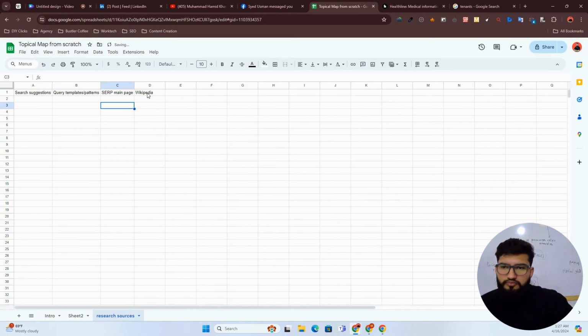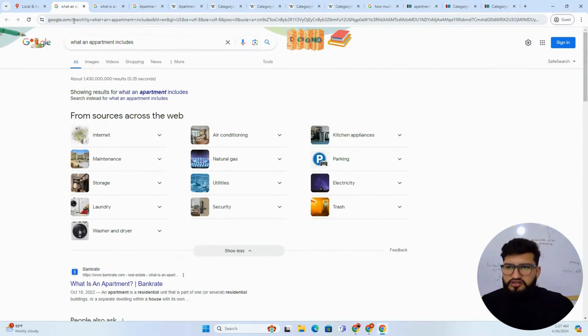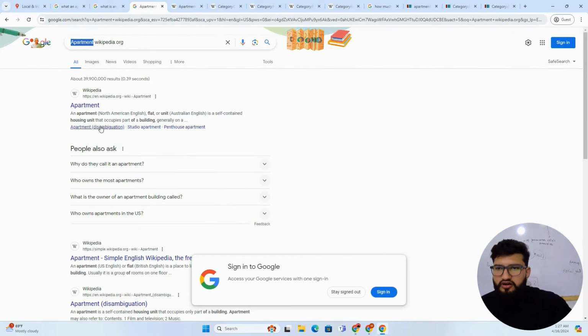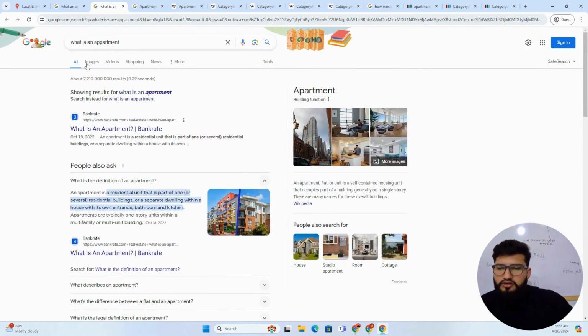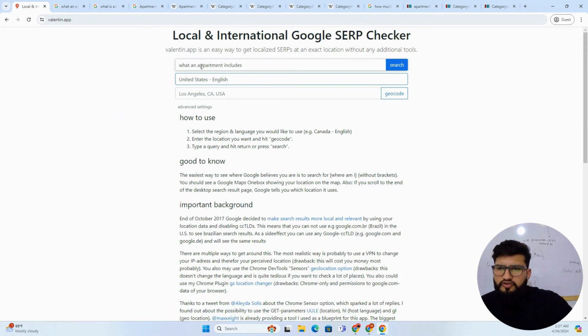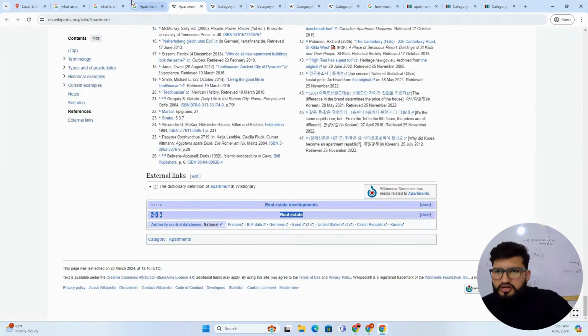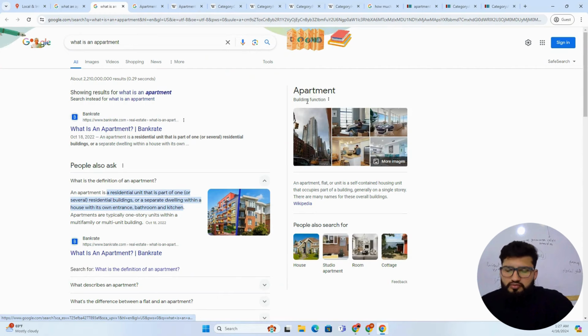And more sources could be the main search page. This is the main search page where I've written the query. If I write here what is an apartment, I can see building, function.